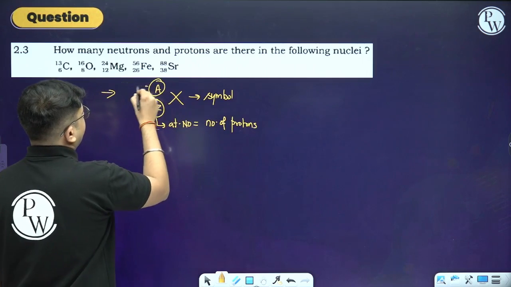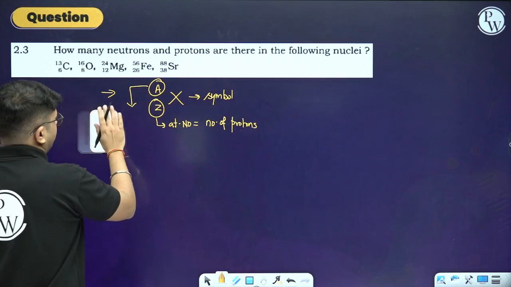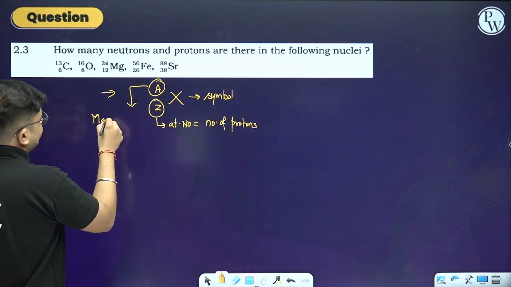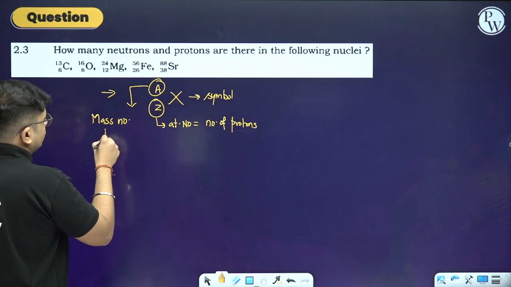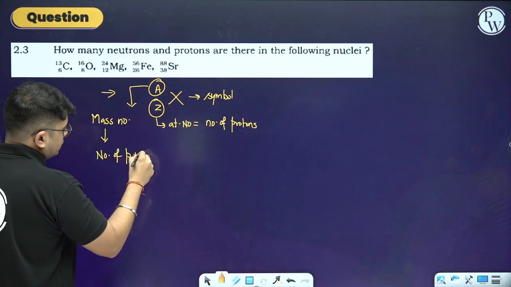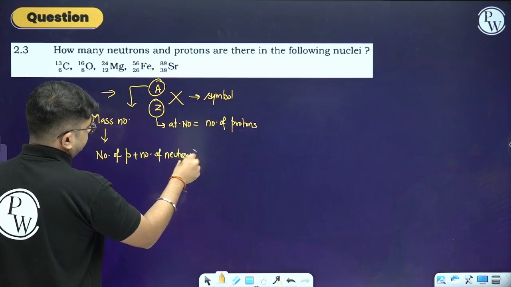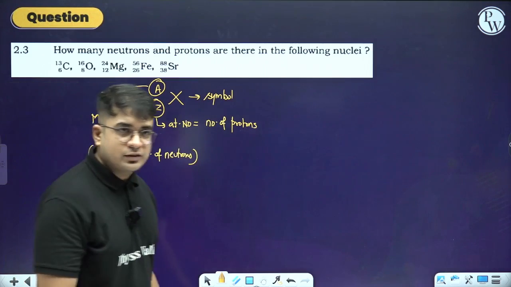This is the mass number, which is the number of protons plus number of neutrons.